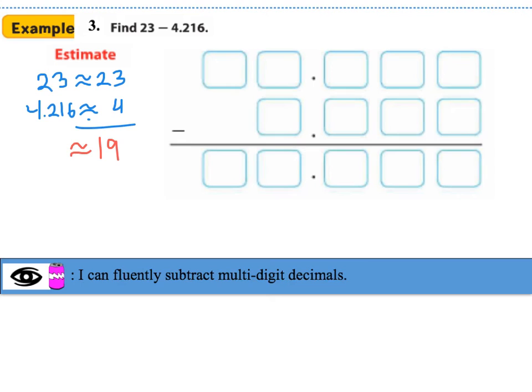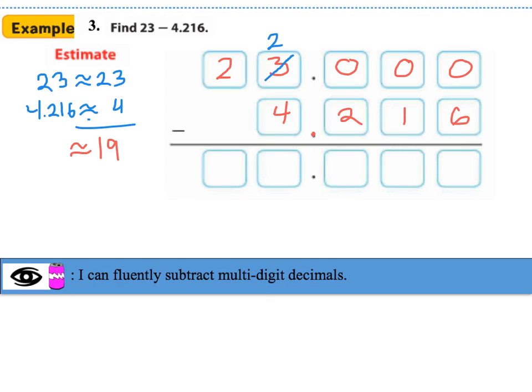So now let's figure out the precise answer. What I want to do is stack the 23 on top because it's the larger number. And now I'm going to annex some zeros, and line up the decimals for 4 and 216 thousandths. So now let's subtract. We can't take away 6 from 0, so we have to borrow, but we can't borrow from any of these place values, so let's go to the 3.